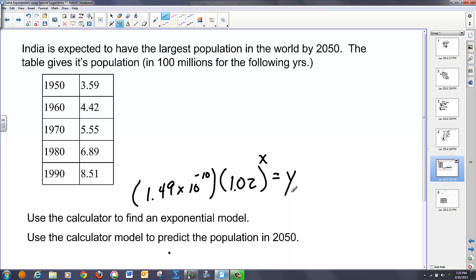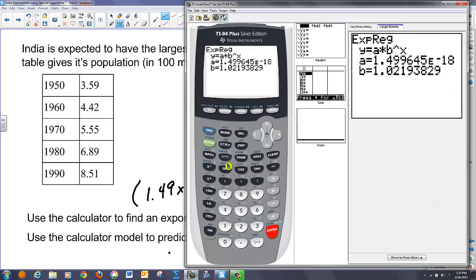Now it asks us to use a calculator to plug in 2050 to this calculated model and find out what our value is going to be based on this exponential equation the calculator got us. So if you remember, now we're going to go to second table set.